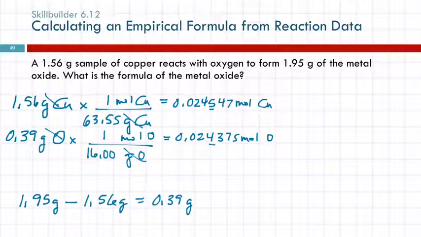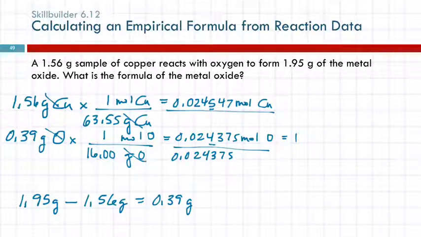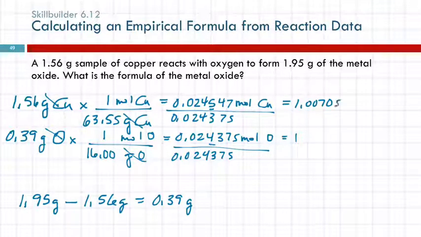I'm going to take the smallest and divide both of them. So this one, the moles of oxygen, is a little bit smaller. And so that's going to equal 1. And you can probably predict what this one's going to end up rounding to, but do the math anyway. 0.024547 divided by 0.024375 equals, so this comes out to 1.00705.